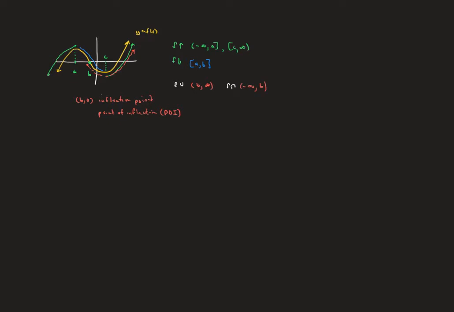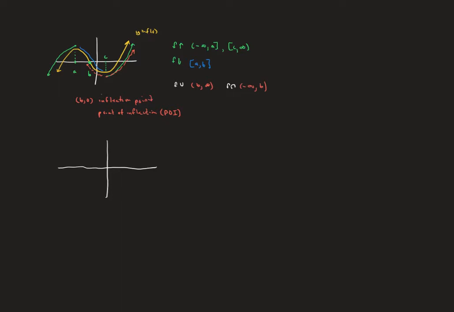So that point b is not part of an interval where it is either concave up or concave down, neither one. At that point, we don't really talk about concavity as a point-wise characteristic. It's over an interval. And so we just will talk about the intervals where it is concave up and concave down, and we won't include the boundary points.